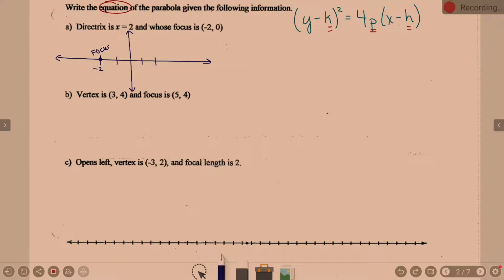Okay? A directrix of x equals 2. Where's x equals 2? That's right here. And remember, the directrix is a line. So what does the line x equals 2 look like? That's that vertical line there, yes? So this line right here is my directrix.